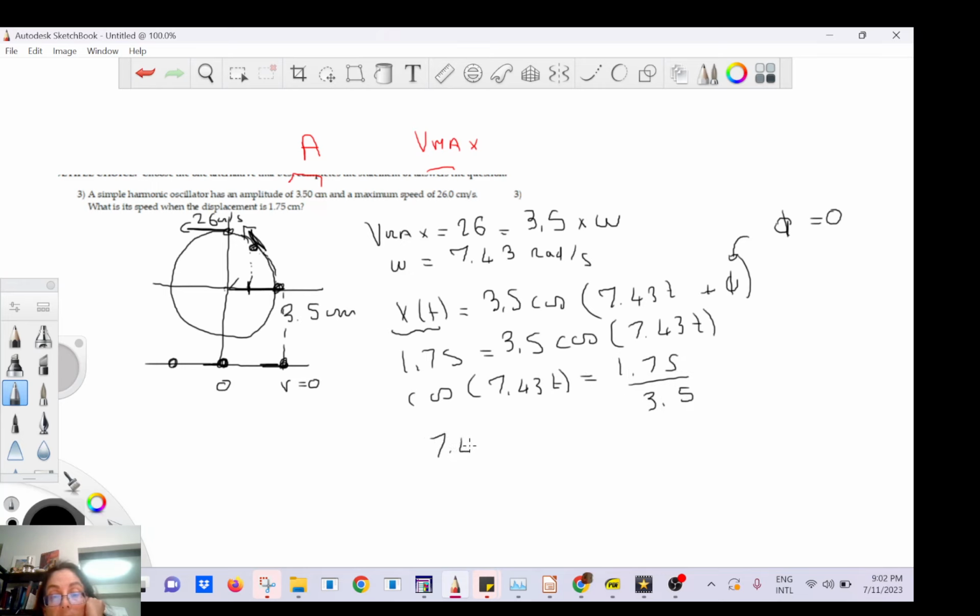So 7.43 t equals the inverse cosine of 1.75 divided by 3.5, and it has to be in radians. So it's going to be 1.05 radians.